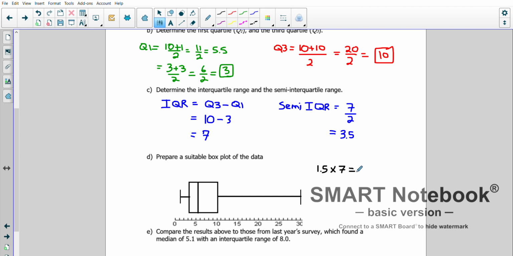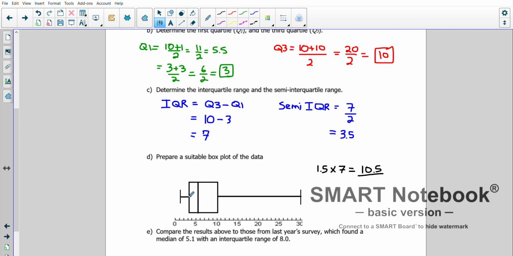And then we'll use that to see how far away our data point is. That would be considered an outlier. So what this is saying is, if there's a data point that is 10.5 away from either side of the box, it would be considered an outlier.